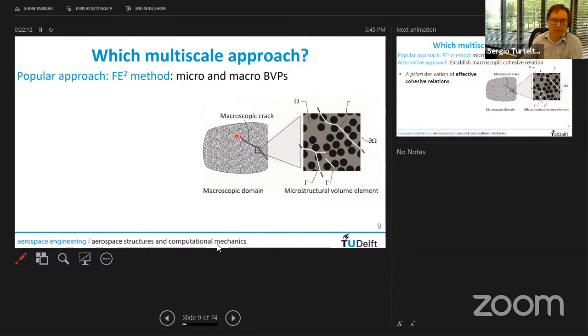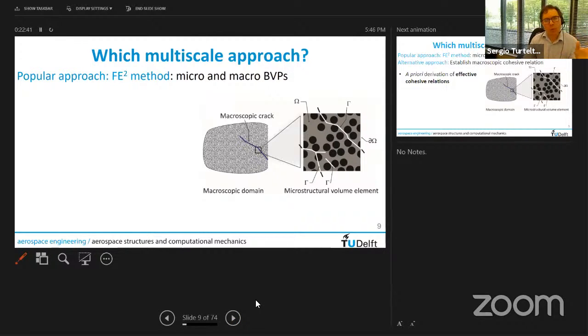If you have a crack, as indicated here, and you zoom in on a given point, you may see a microstructural volume element where the fracture process is occurring in more detail. Then somehow you have to average this and pass the information to the macroscopic crack. This is one possible approach, but it has a limitation in terms of the computational power required to solve the problems on the fly.